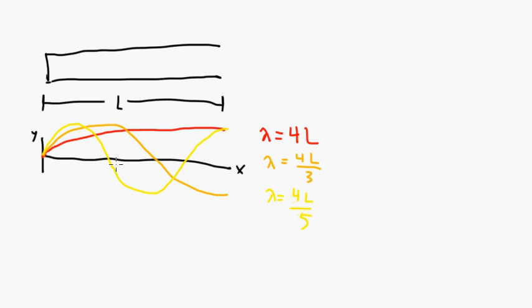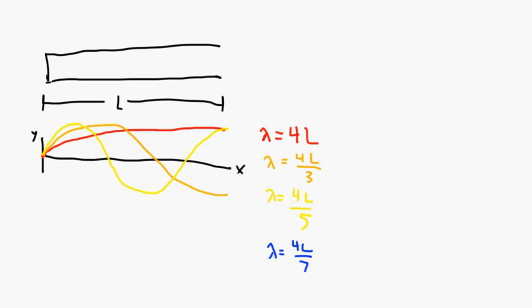You can get the idea that this tube could resonate at even shorter wavelengths, meaning higher frequencies, of course: 4L over 7, 4L over 9, etc. And so one tube that's open at one end can resonate at any of these frequencies.